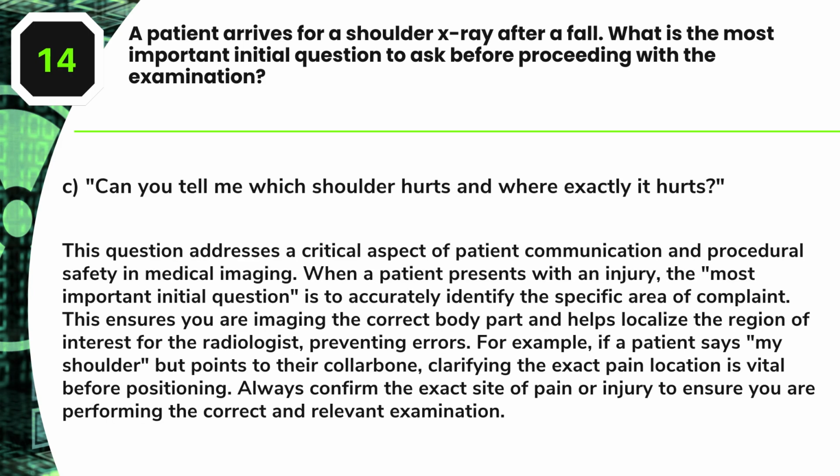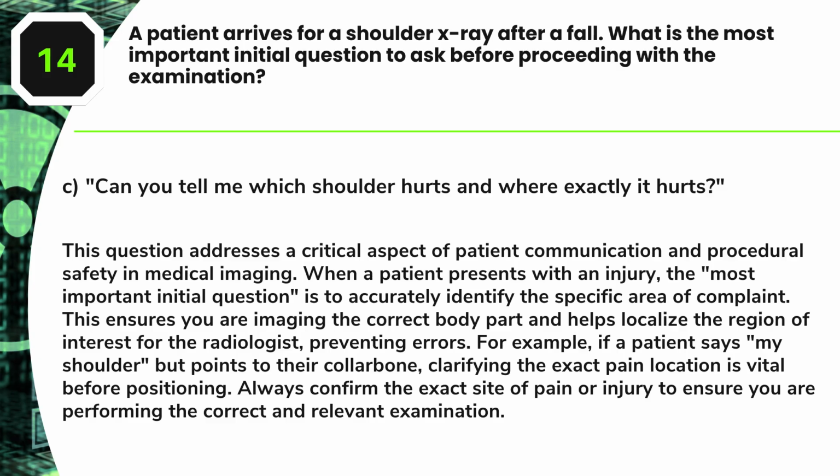Answer, C. Can you tell me which shoulder hurts and where exactly it hurts? This question addresses a critical aspect of patient communication and procedural safety in medical imaging. When a patient presents with an injury, the most important initial question is to accurately identify the specific area of complaint.